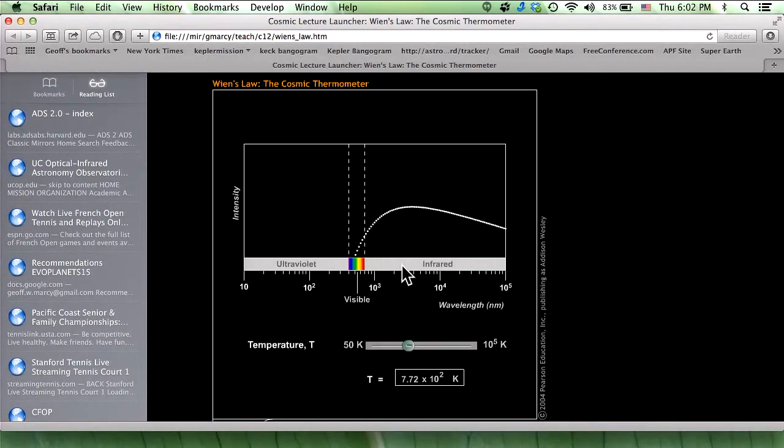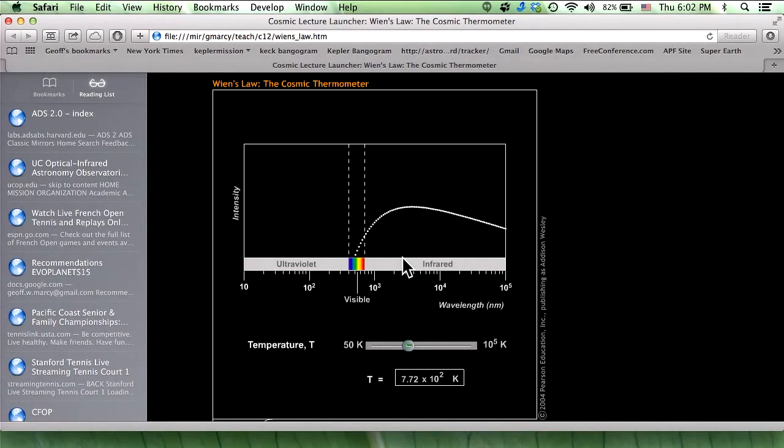You see the height of the graph is less than it was. The intensity of the light is less than it was. And the peak wavelength has now shifted to a longer wavelength. Remember, I told you the average wavelength is proportional to 1 divided by the temperature. So a lower temperature means longer wavelength, and that's what happened.